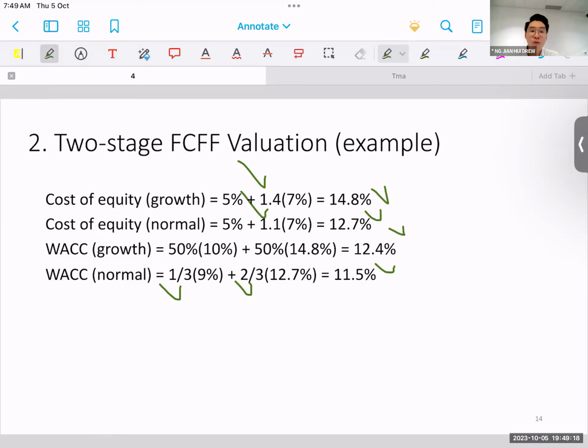Just a small note I would like to highlight here is that whenever you calculate your WACC or your cost of equity, in let's say your GPA or even your finals, please make sure not to round the figures up or down. Take the full value given in Excel, right? Why? Because your discount rate, the WACC and your cost of equity, are all discount rates.